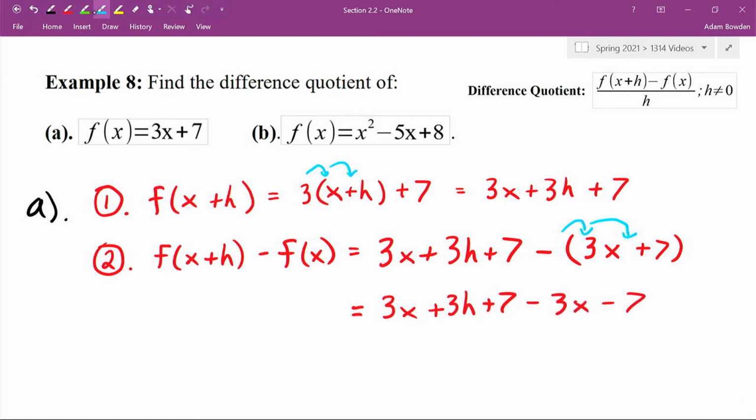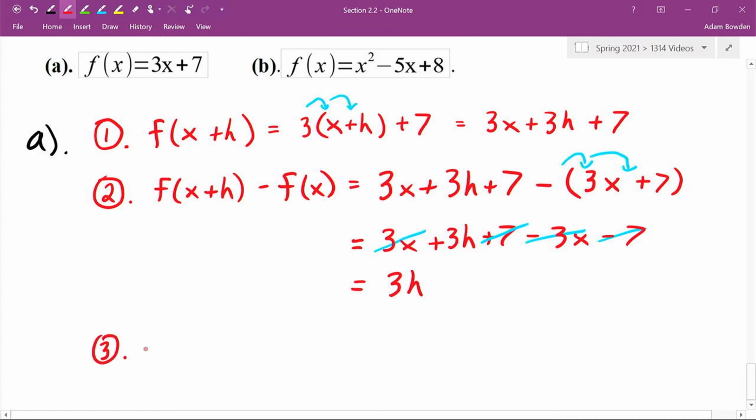So we're going to get 3x plus 3h plus 7 minus 3x minus 7. Now I can cross out the positive and negative 3x. Also can cross out the negative and positive 7, leaving us with just simply 3h.